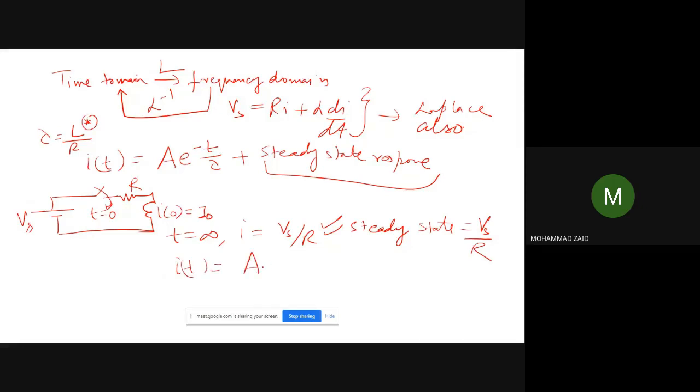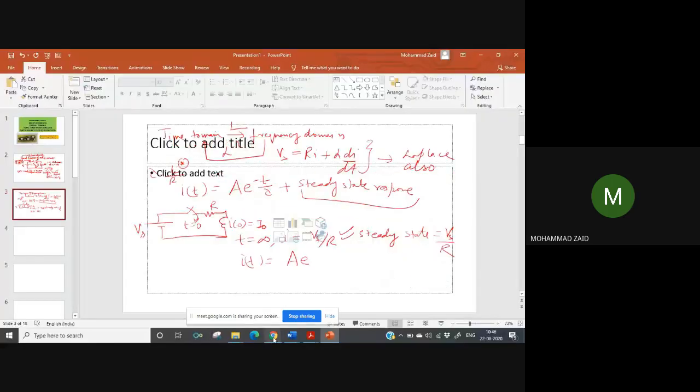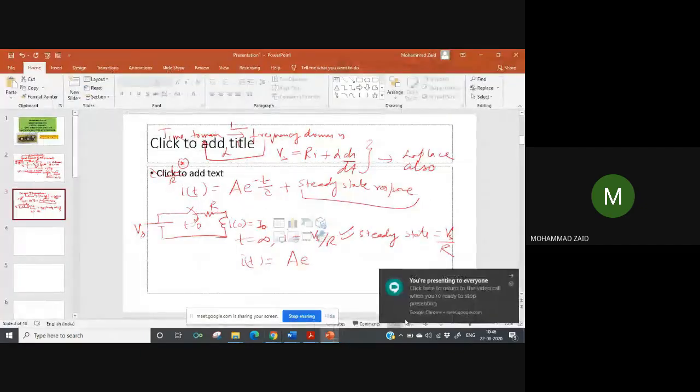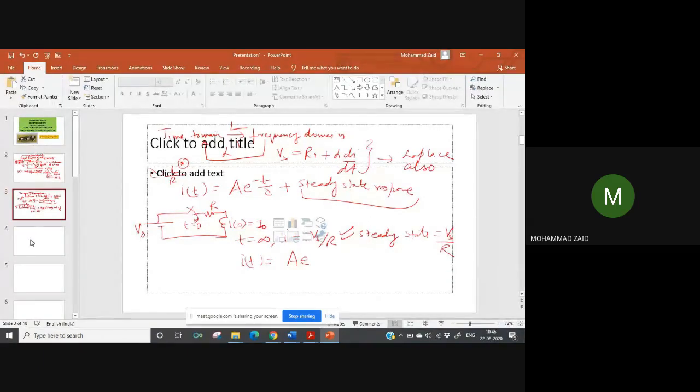We have not discovered yet what it is, but we can write i(t) is equal to A times e to the power minus t by tau plus Vs by R.